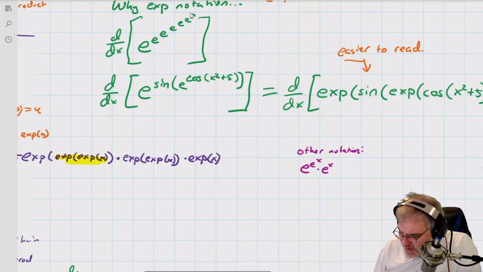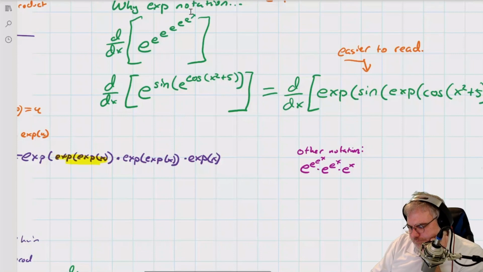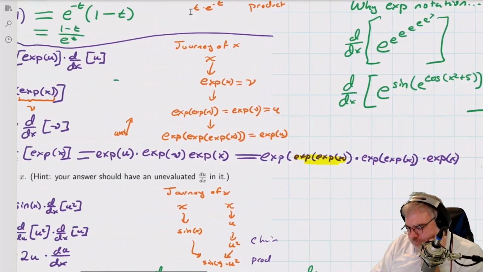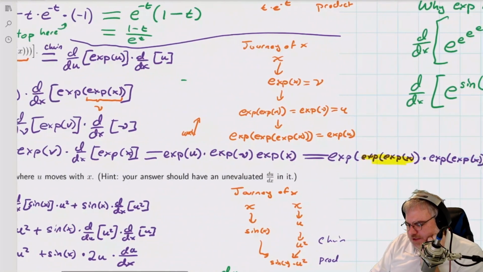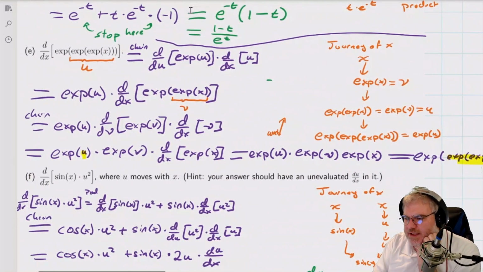I'm missing an e to the x, right? Sorry, e to the x times e to the x times e to the x. Which I just think is horrible. But you could have done it that way.